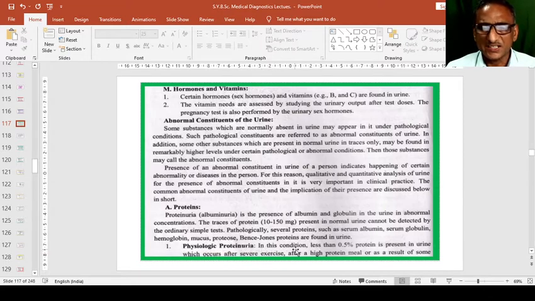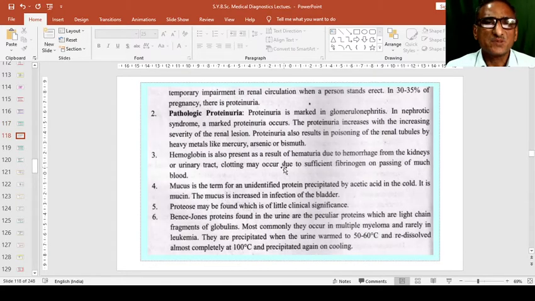Physiologic proteinuria. In this condition, less than 0.5% protein is present in urine, which occurs after severe exercise, after a high protein meal, or as a result of some temporary impairment in renal circulation when a person stands erect.